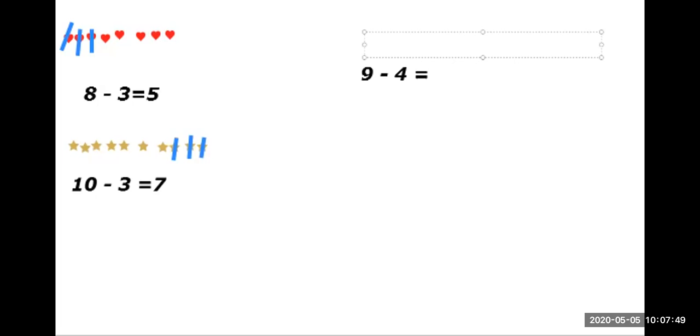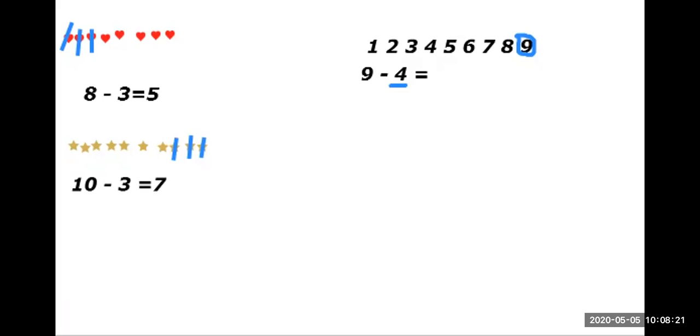Which number would be in your head? No, your actual number is 9. The bigger number is 9. So you will keep 9 in your head to count back. You will take 4 steps back.